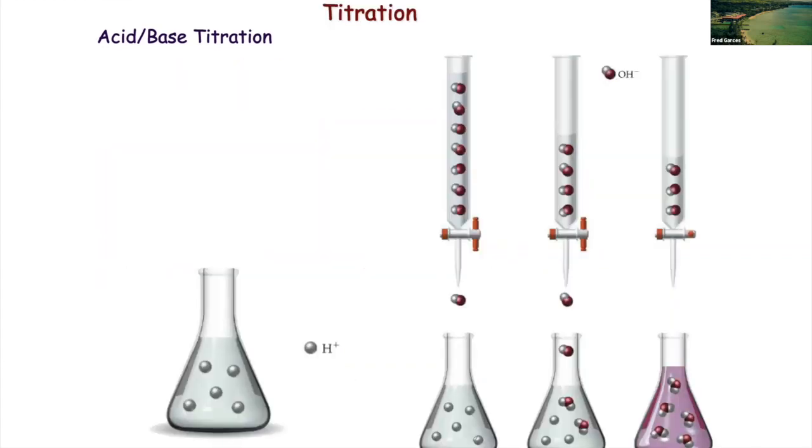So this is how you do the titration. You have an analyte here, let's say that's an acid, and you've got a base here, OH minus, and you keep adding. You notice that when you add hydroxide, it neutralizes and forms water. And so the hydrogen ion concentration in your solution becomes lower and lower.